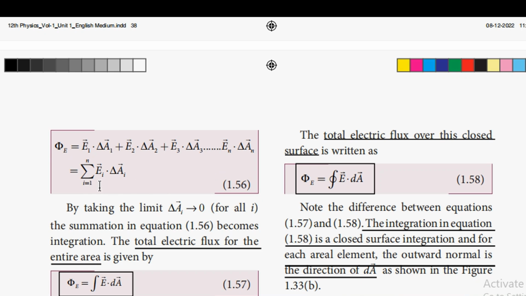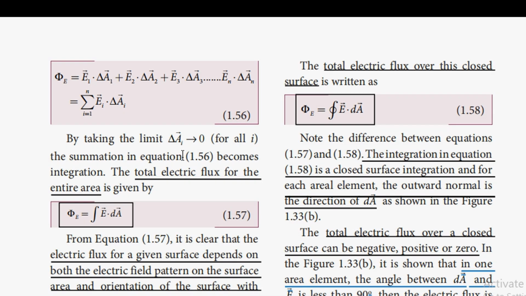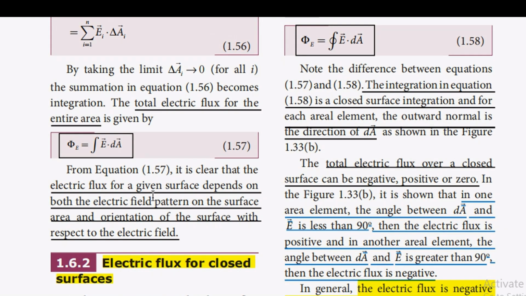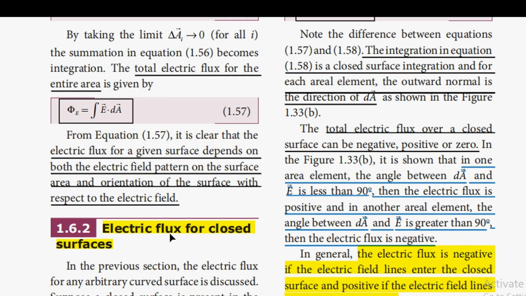That's given by summation i equal to 1 to n of Ei dot delta Ai. By taking the limit delta Ai tending to 0 for all i, the summation in equation 1.56 becomes integration. So the total electric flux for the entire area is given by phi E equal to integration of E dot dA, and from this equation it is clear that the electric flux for a given surface depends on both the electric field pattern on the surface area and orientation of the surface with respect to the electric field.